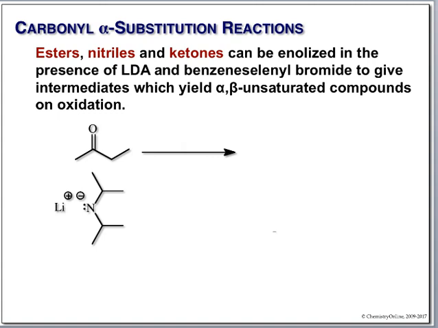It can react with a carbonyl compound to form a stable enolate anion. In this case, we could pull off hydrogens from the methyl or from the CH2. Zaitsev's rule says we're going to do the CH2, and we're going to get the lithium enolate.